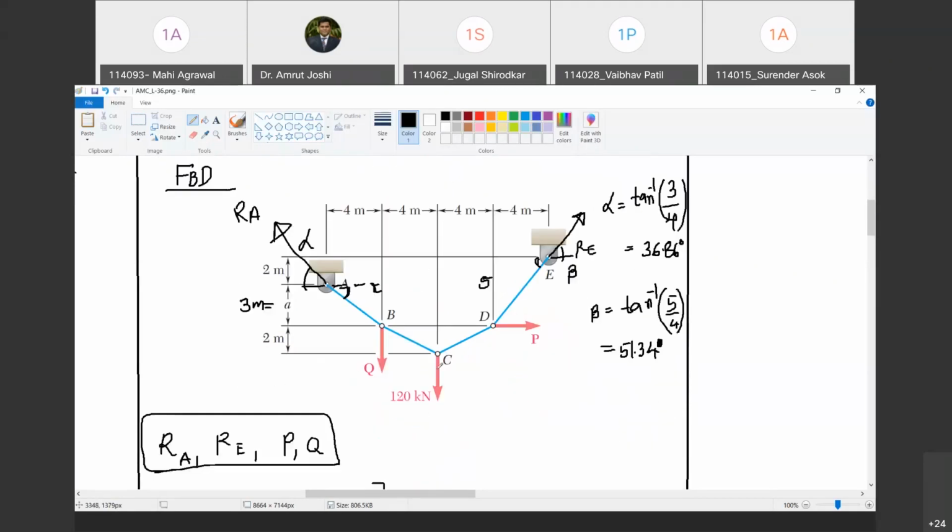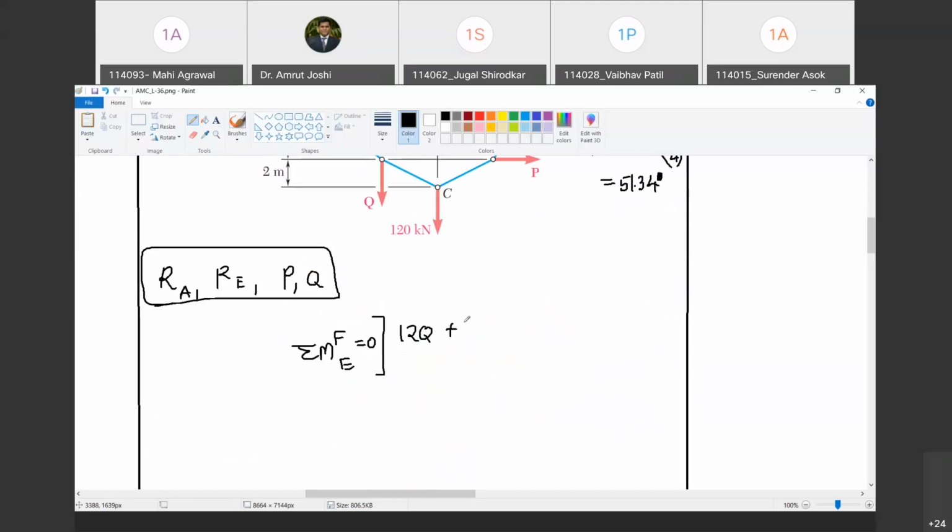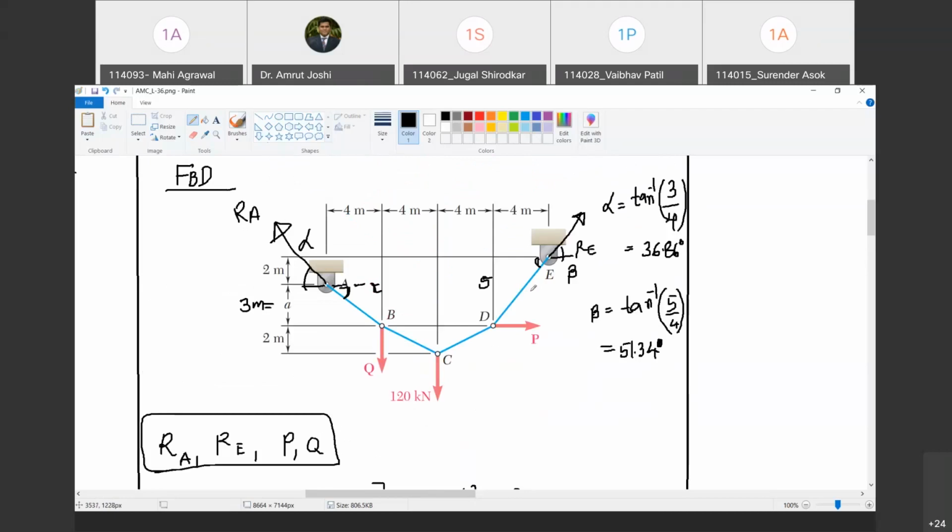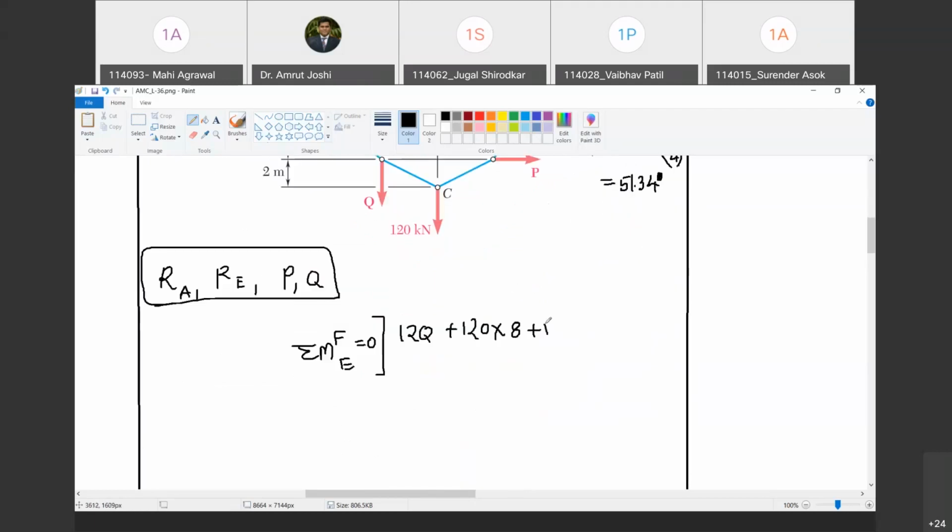What is the moment of 120 kilonewton? So 120 into 8. And is it positive? Yes, because it is anti-clockwise. What is the moment of P about E? P into 5. And is it anti-clockwise or clockwise? Anti-clockwise. So plus P into 5. Happy? Yes, sir. Chalo. So 12Q plus 120 into 8 plus P into 5.